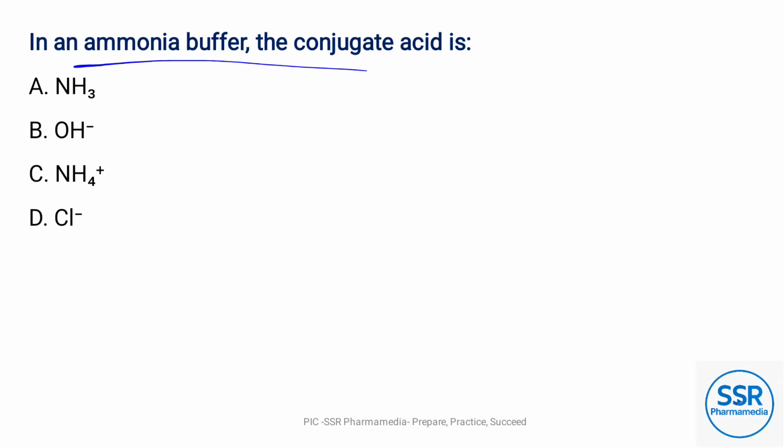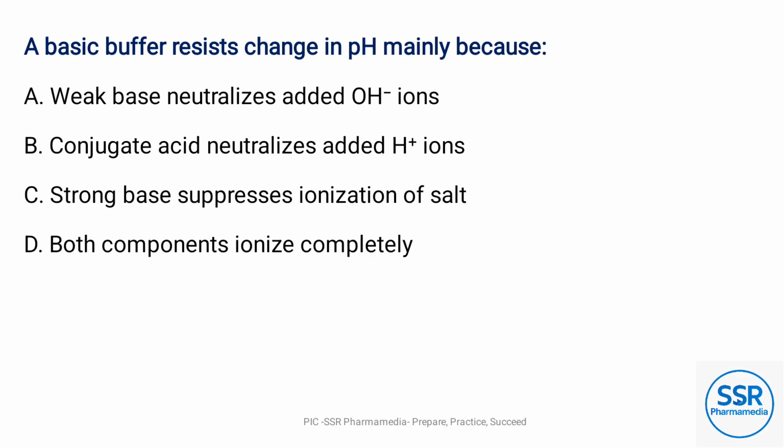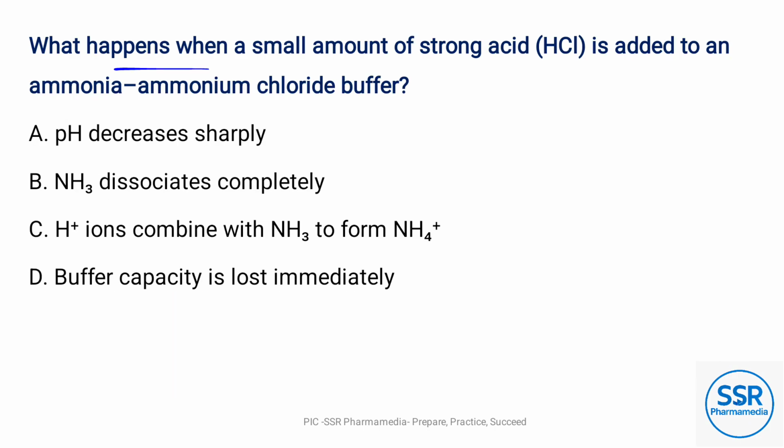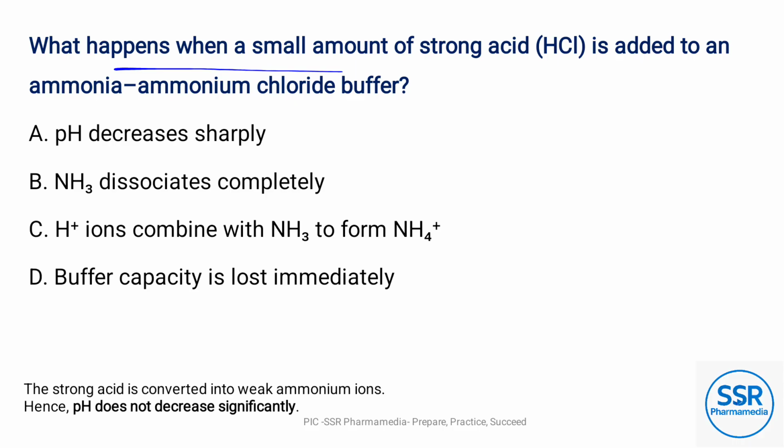In an ammonia buffer, the conjugate acid is option C, NH4 plus. A basic buffer resists change in pH mainly because option B, the conjugate acid neutralizes added H plus ions. What happens when a small amount of strong acid is added to an ammonium chloride buffer?